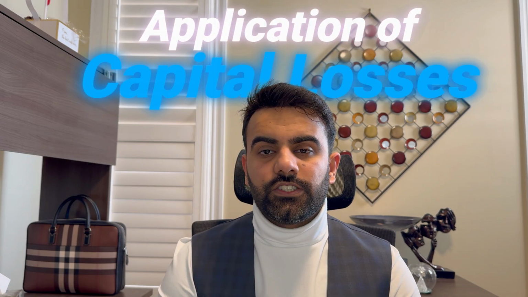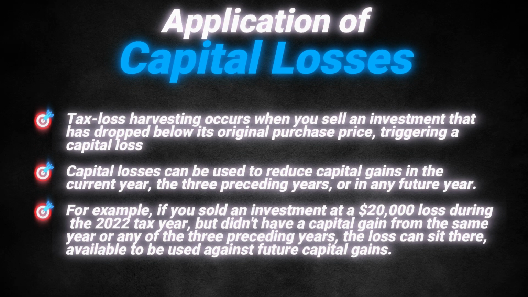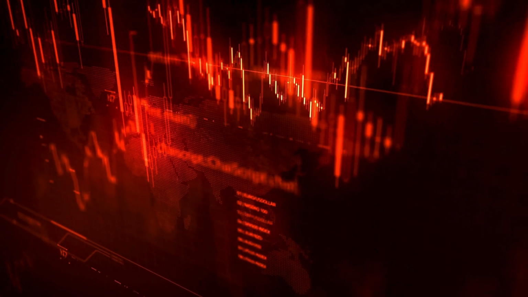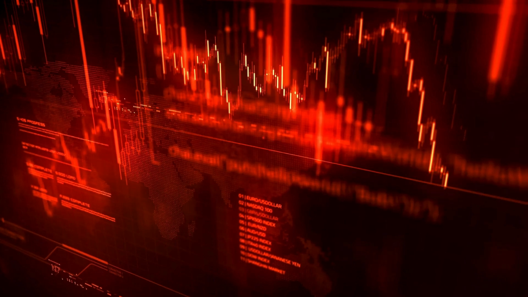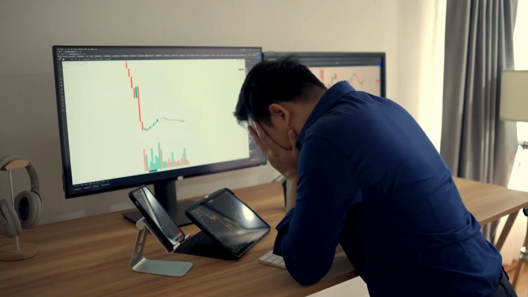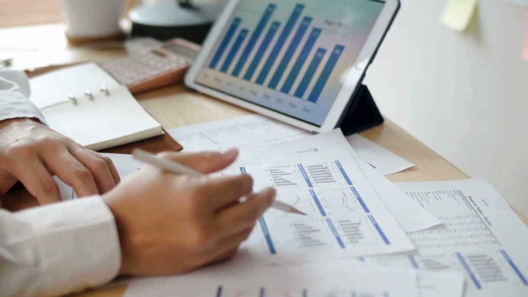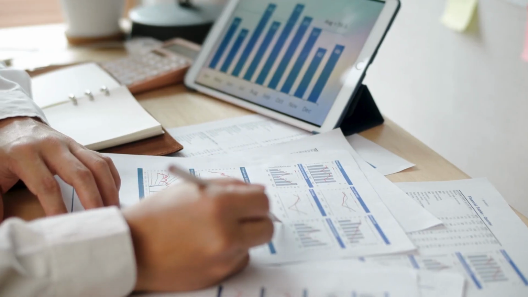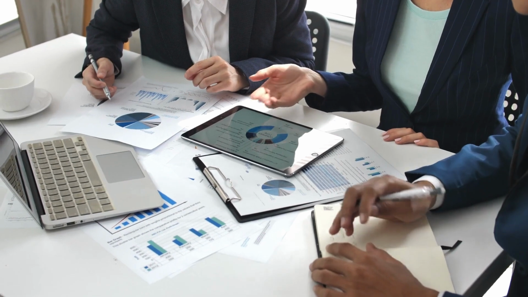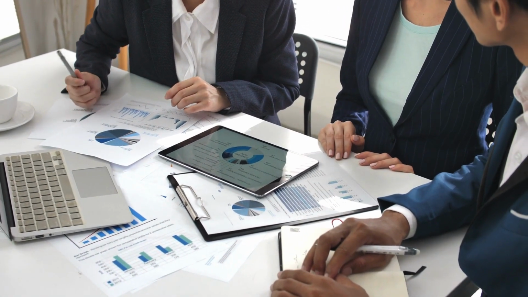Strategy number 4 is talking about using capital losses. A lot of the times when COVID happened, the stock market dropped, maybe your stocks were not performing well, so you ended up selling them. If you have a capital loss from selling stocks, you can actually use those losses and apply them against your capital gains. The good part is, even if the loss happened in the previous year, you can carry it forward and apply it against future taxable capital gains.